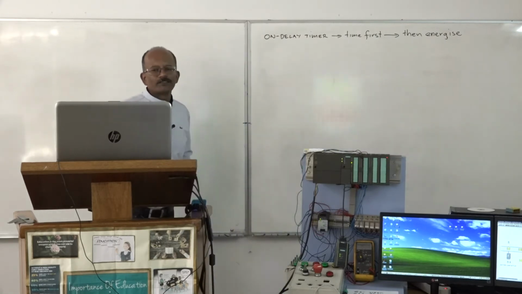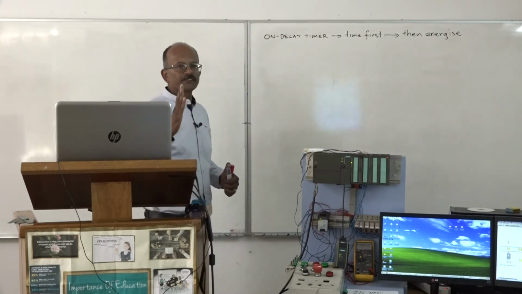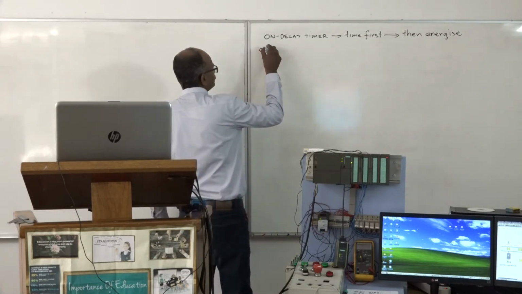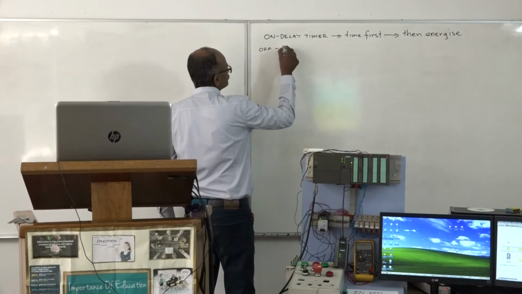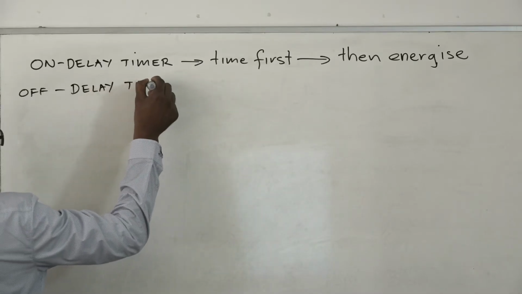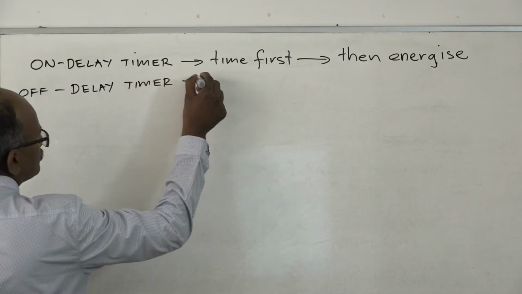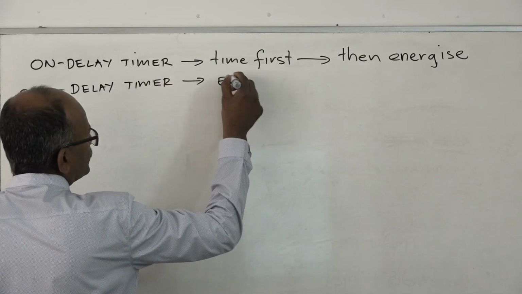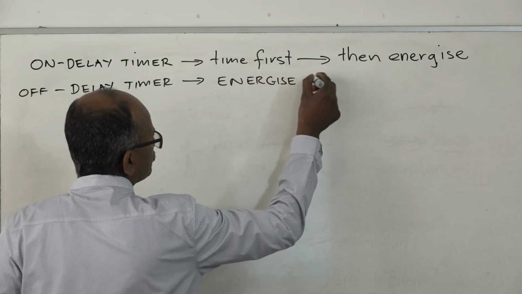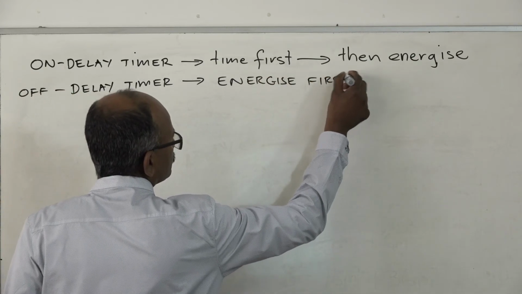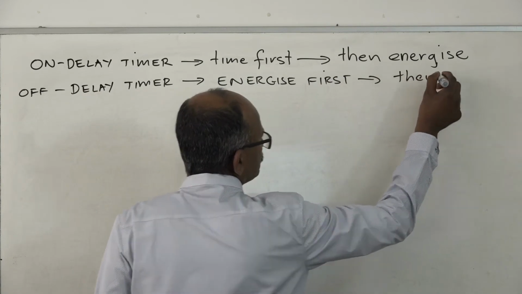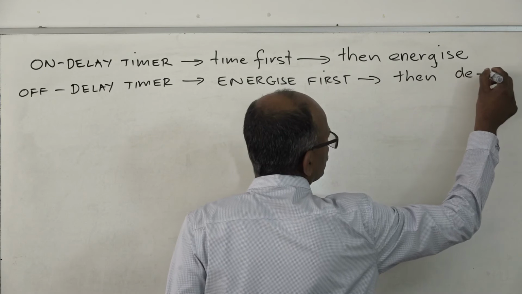Okay, so your on-delay timer will time first, and then it will energize. Your off-delay timer will energize first, and then de-energize.